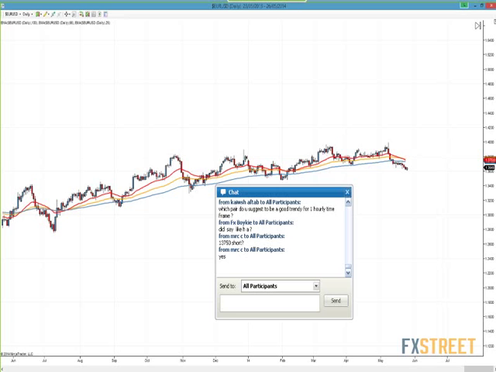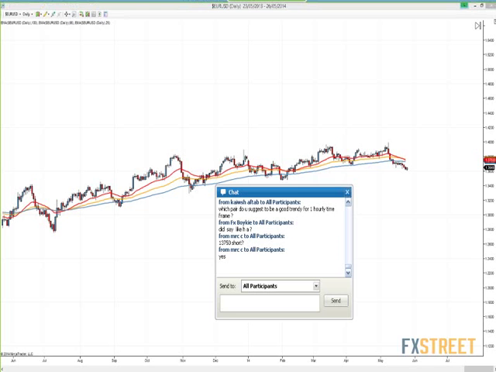Which pair do you suggest to be a good trendy for the 1 hour? To be honest with you, it's not that. In fact, that's something that I'll talk about before we wrap up here. I used to be the same. I used to say which pair is the best pair to trade, or which market is the best one to trade. To be honest with you, every market goes through good stages, good cycles, and bad cycles. That's why we talked about diversifying the portfolio, because you can't just say, oh, just trade the euro dollar, just trade the pound dollar, because they all go through cycles.